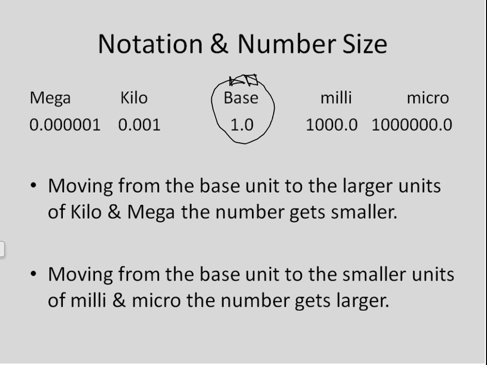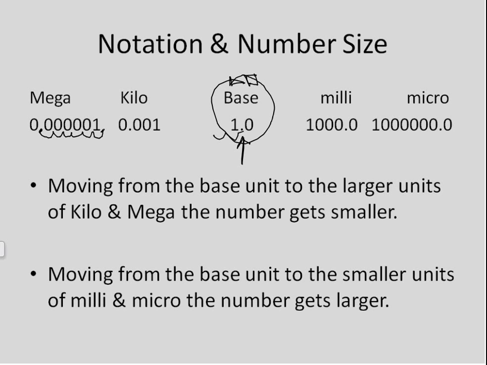And you're still talking about a value of 1, it's just compared to the indicator, such as base number of 1, expressed in terms of a mega, 1 million. Well, 1 is 1/1,000,000th of a mega. So we're moving this decimal point over 6 places, as you see here. 1, 2, 3, 4, 5, 6.